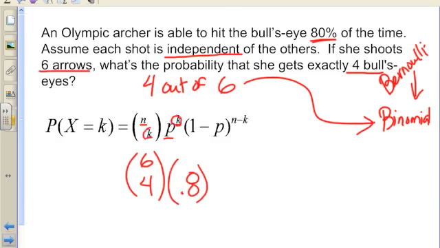Hopefully you're noticing there's a K here and a K here, so those numbers should be the same. 1 minus P, that's going to be 0.2 to the N minus K. Well, look here, here's an N, here's a K. So it's 6 minus 4, that's 2. Go ahead and type this in your calculator and see what you get as the final answer.